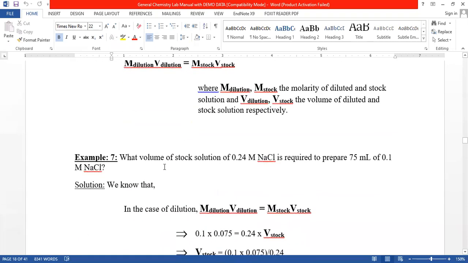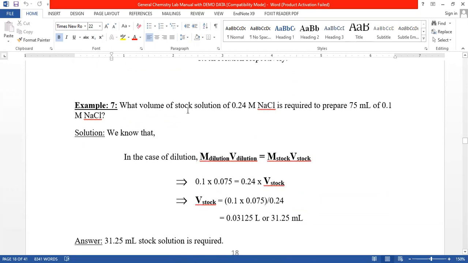Let's have an example. What volume of stock solution of 0.24 molar sodium chloride is required to prepare 75 milliliter of 0.1 molar sodium chloride? Here we need the volume of the stock solution. Others are given. This is the 0.24 molar sodium chloride, already the stock solution, so the molarity of the stock solution is known.